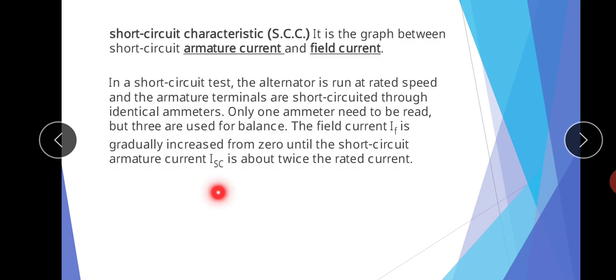Second is the short circuit characteristic. It is the graph between the short circuit armature current and the field current. In this short circuit characteristic, the field circuit remains the same as in the previous case.